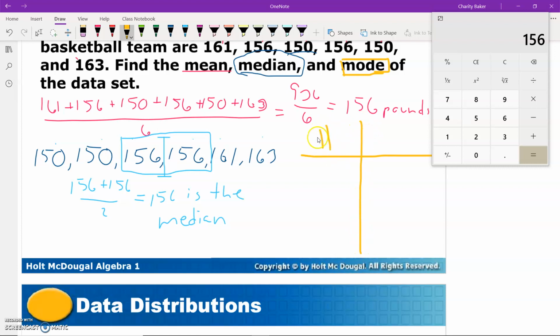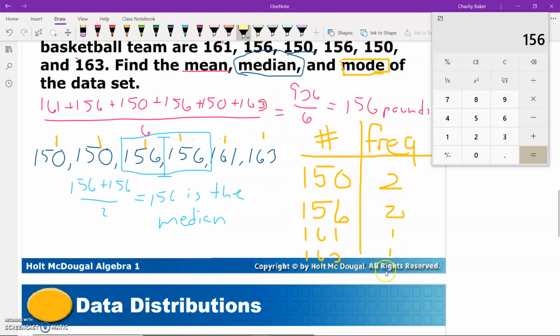This is the number, and this is the frequency. The number 150 happens 2 times. 156 happens 2 times. 161 happens just 1 time, and 163 also happens 1 time.